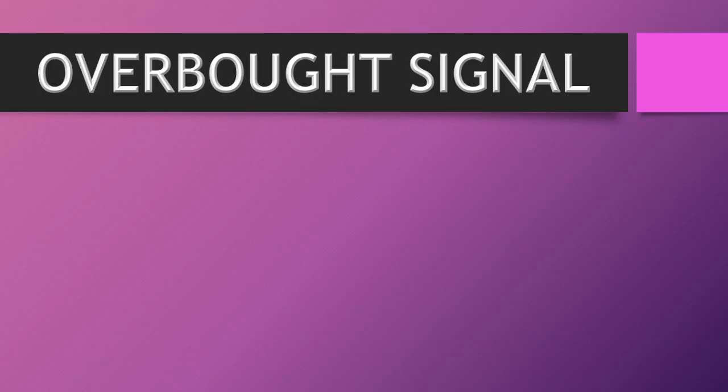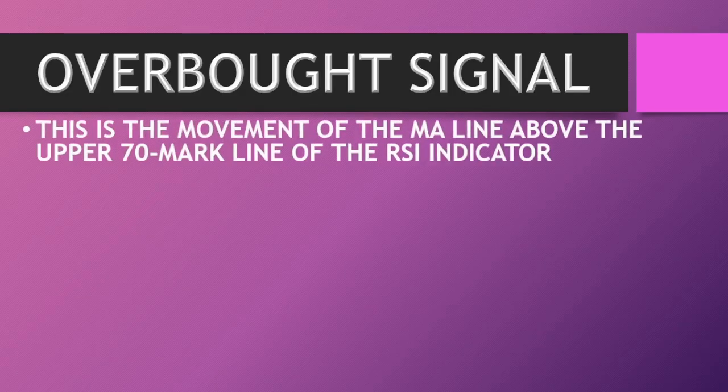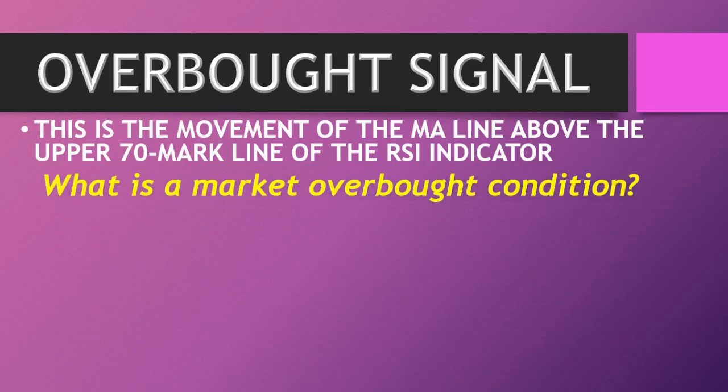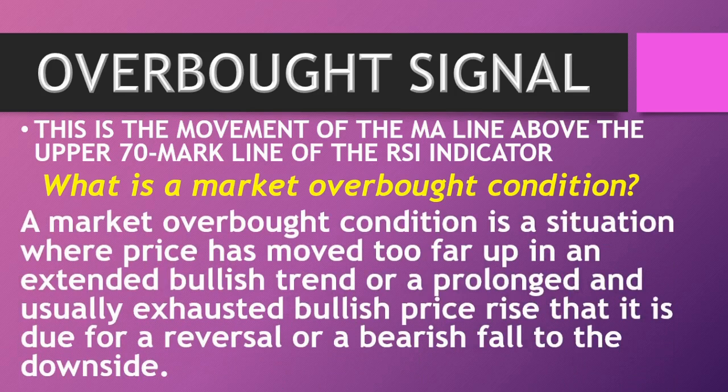The overbought signal. This is the movement of the MA line of the RSI above the upper 70 mark line of the indicator. What is a market overbought condition?